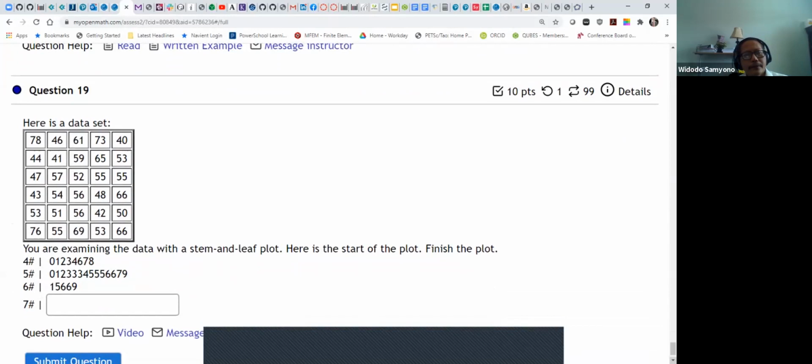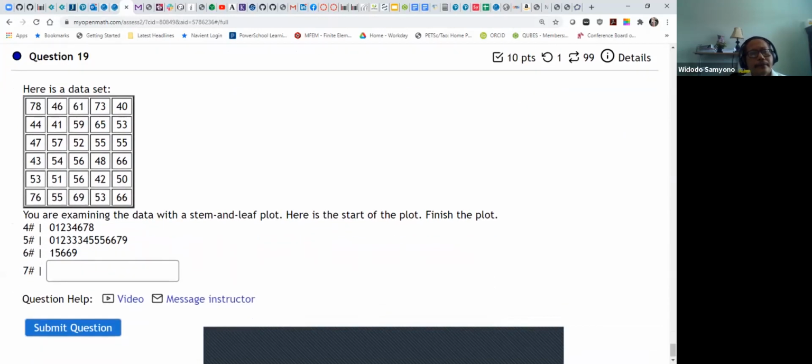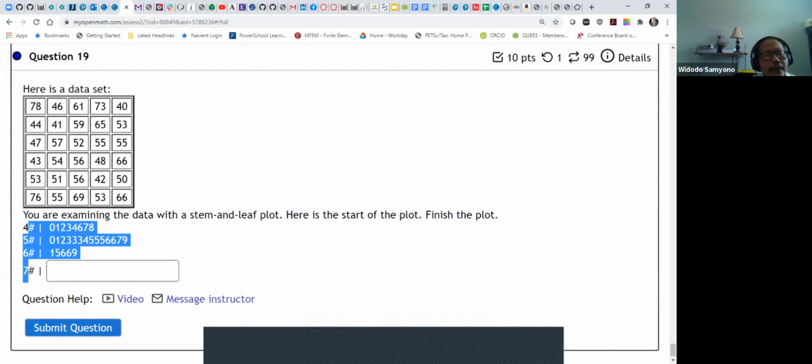For this one, you can watch the video, or you can simply do it like so. The stem represents the 10s and the leaf represents the 1s. You can see here you have 40, 41, 43, 44, 46, 47, 48.